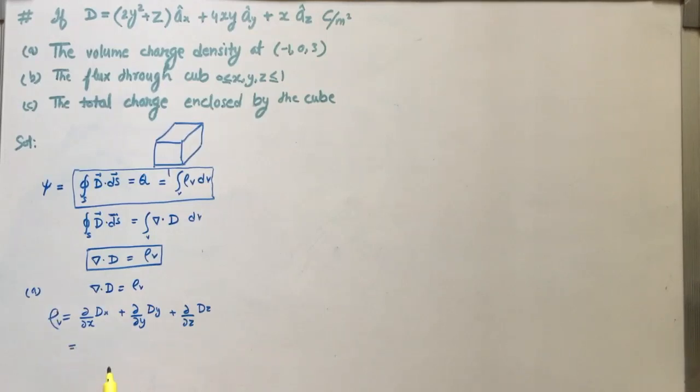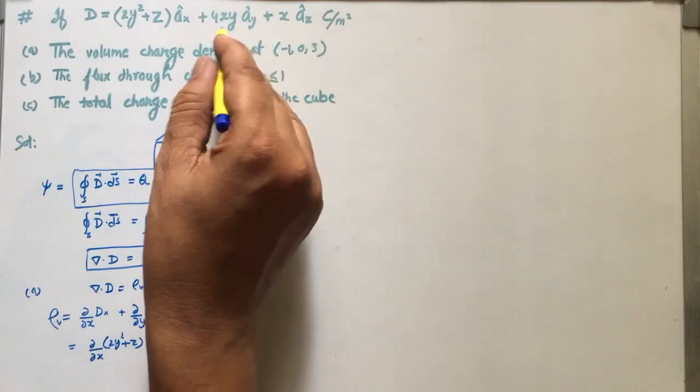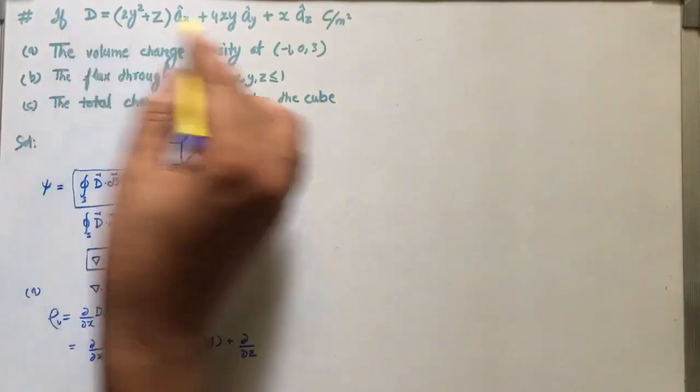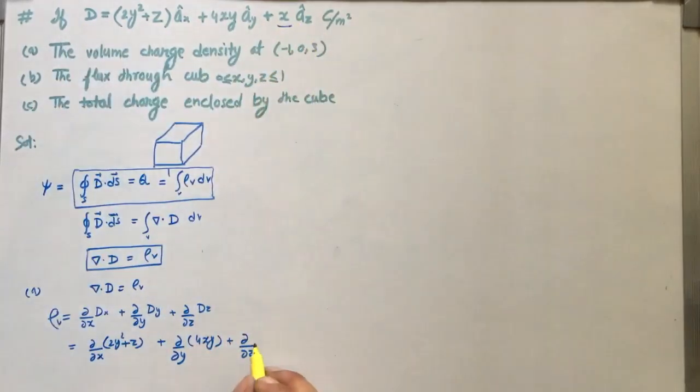So go ahead and try to differentiate the x component with respect to x. It will give us 2y square plus z, plus del over del y of 4xy, plus del over del z of Dz, Dz is this x.